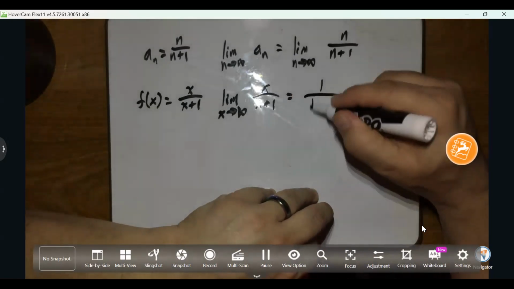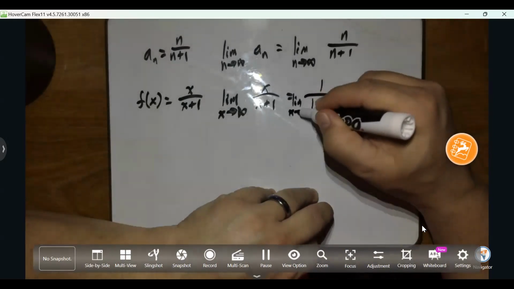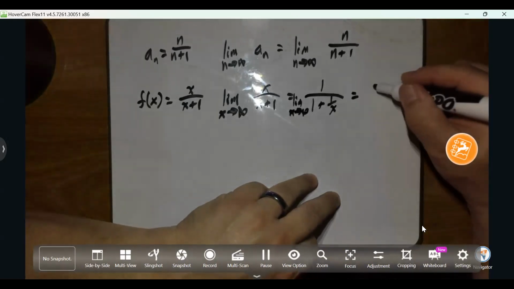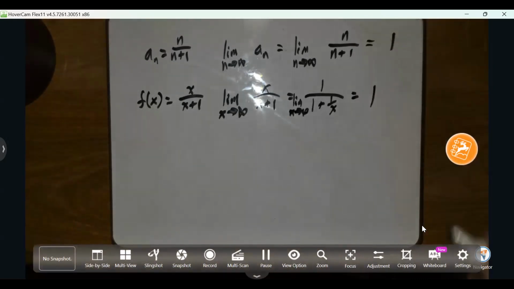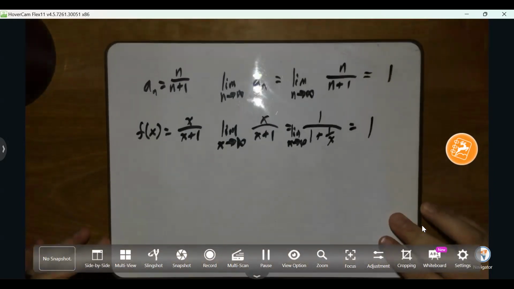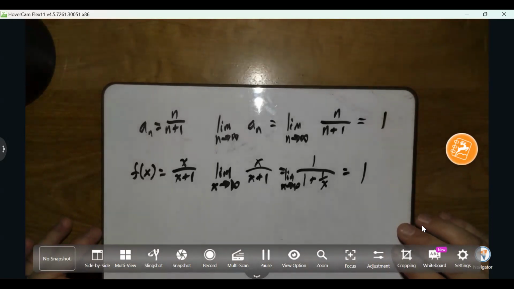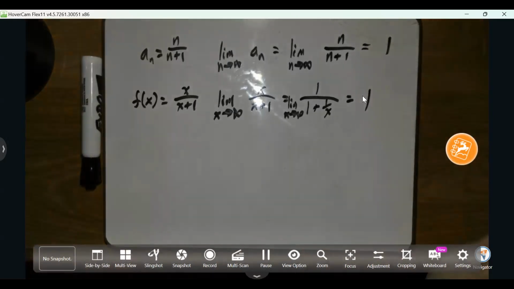So I'm going to get 1 over 1 plus 1 over x. That part's going to go to 0. This whole thing's going to go to 1. And so this sequence would also have to go to 1. Okay, and I'll scoot that down so we can get a better view there. So that is the process that we're looking at here.